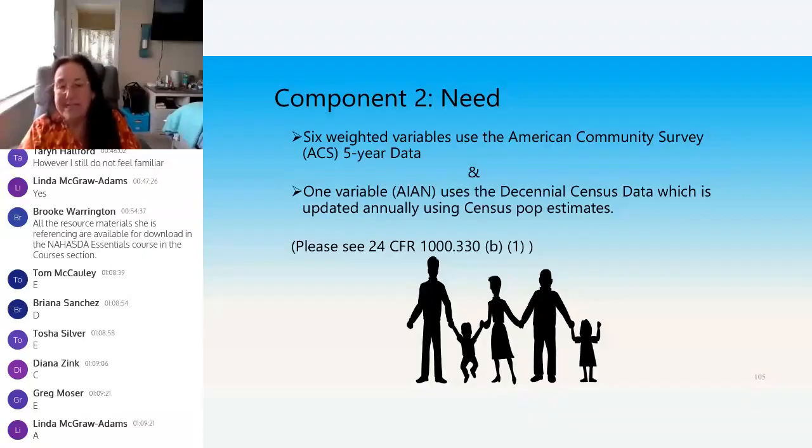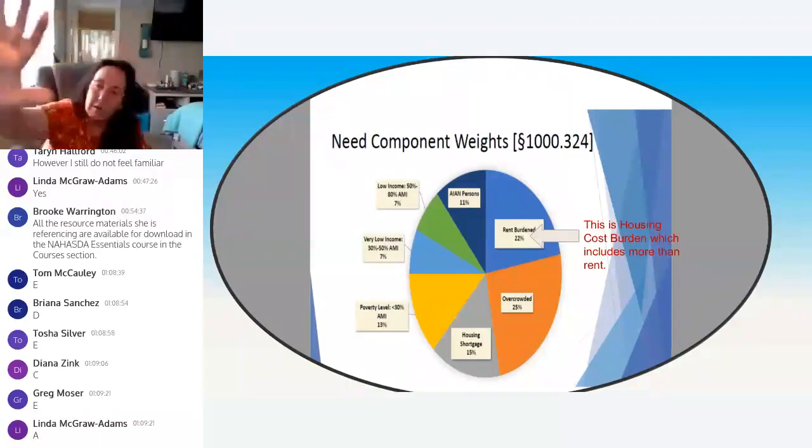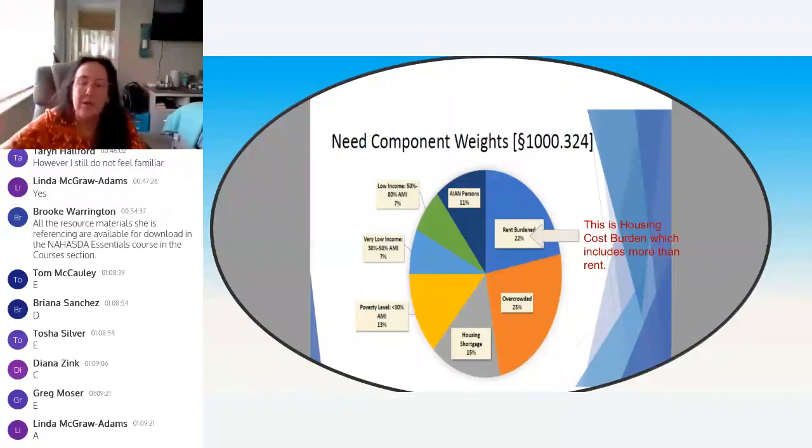And you can read about that at 24 CFR 1003.30. These are our need components, our weights: how many people you have at poverty level, very low income, 30 to 50%, low income level, how many American Indian Alaska Natives, how much of a housing shortage, how many of your homes are overcrowded, and then there is a rent burden factor, but that housing cost burden includes more than rent, okay?